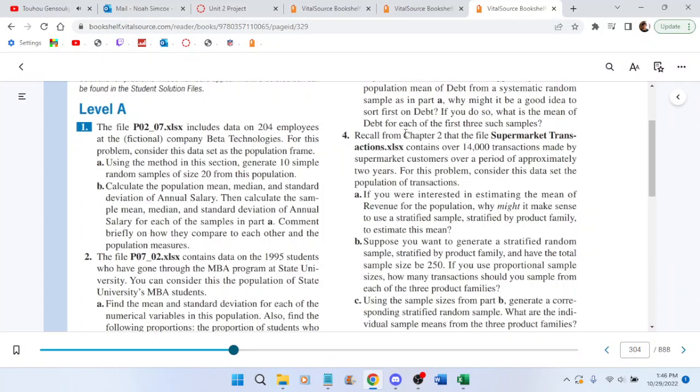Oh my gosh. Wait just a minute. There's no way. There's no way they're telling you to do 10 samples. Are you kidding me? What? You want me to do that whole process 10 times?